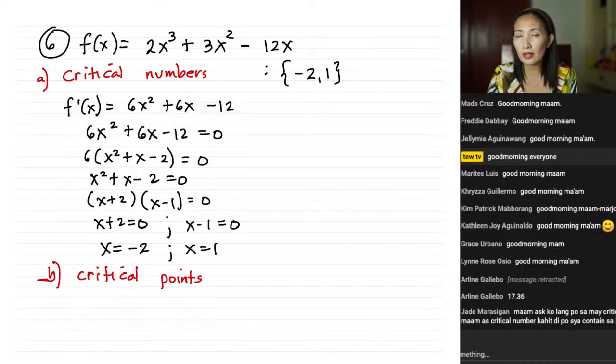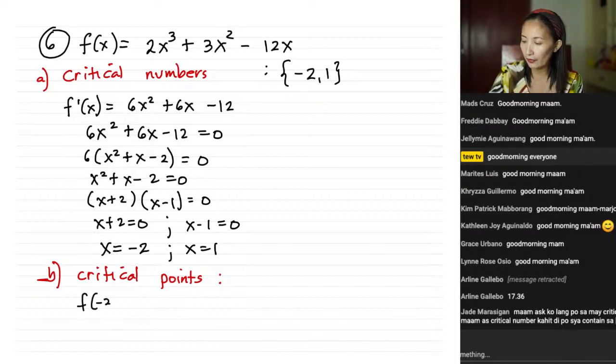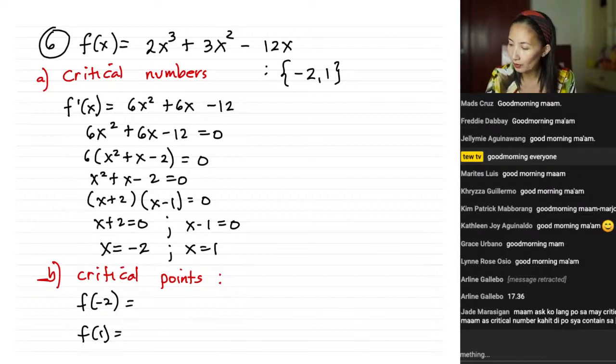A point is denoted by a pair of numbers x, y. So to find the critical points, we evaluate the function at the critical numbers. We are to find f of negative 2 and f of 1. What is f of negative 2? That's 2 times negative 2 to the third power plus 3 times negative 2 squared minus 12 times negative 2.